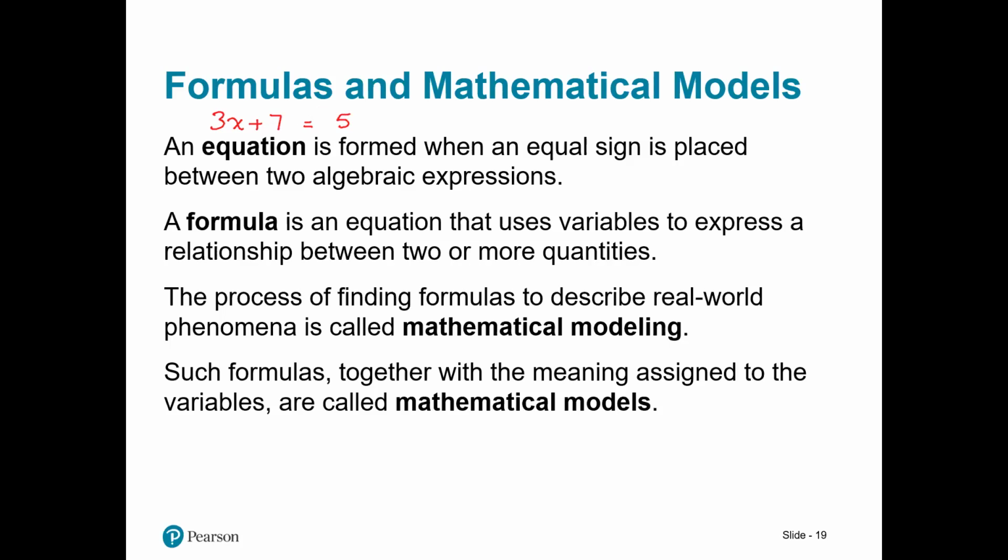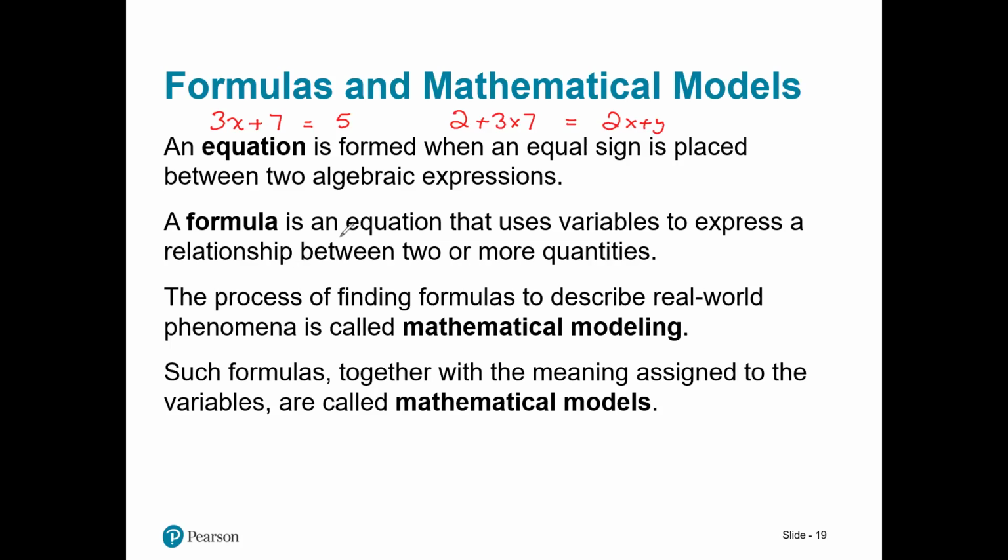Now it's an equation. If I have 2 plus 3 times 7, and I have 2x plus y, those are two algebraic expressions. If I put equality between them, now they're an equation.